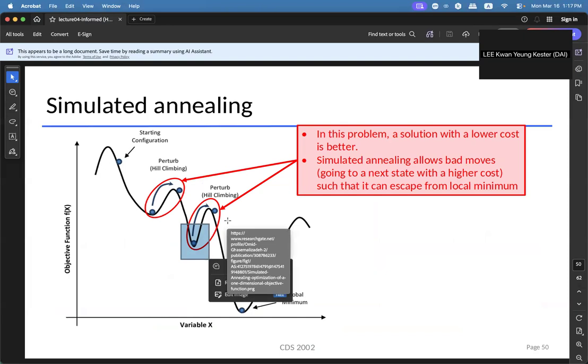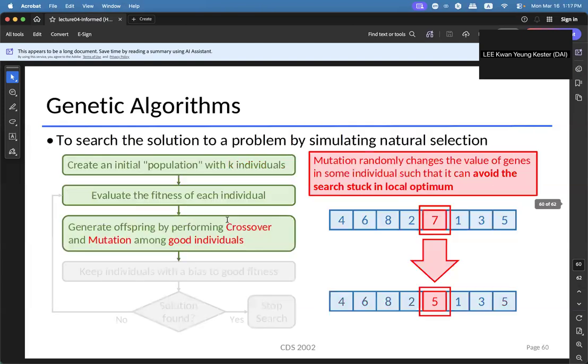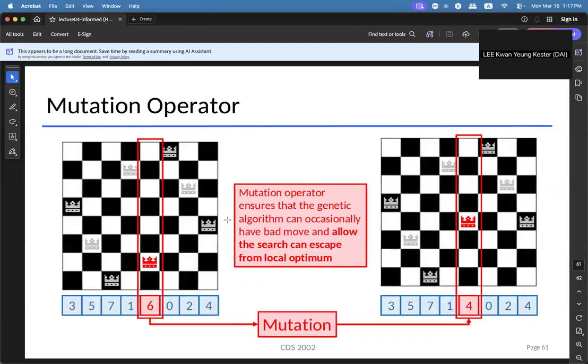Any questions? You can say it in this manner: if you just do crossover, then you are just exploring a tiny proportion of the search space.